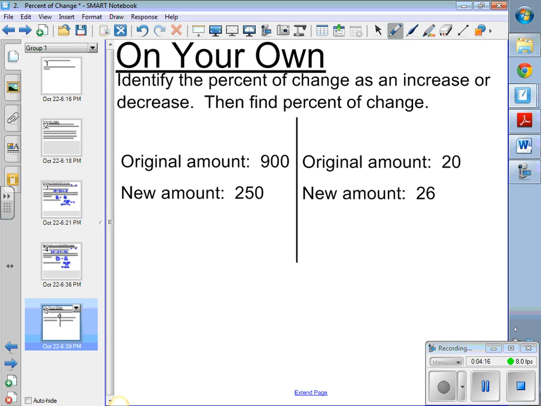All right, so on this first one, we went from 900 down to 250, so it's a decrease. Okay, and we go from 900 to 250, so we've decreased by 650.